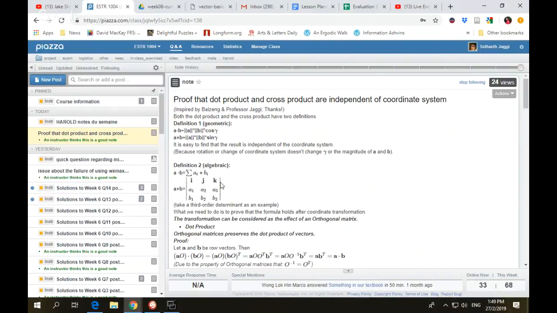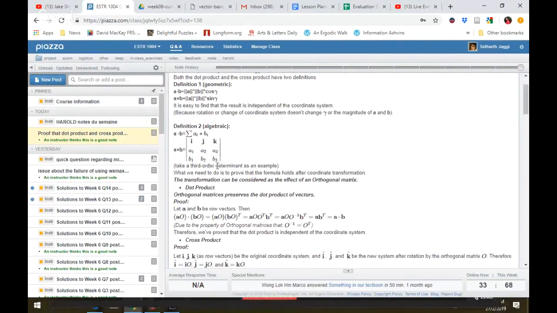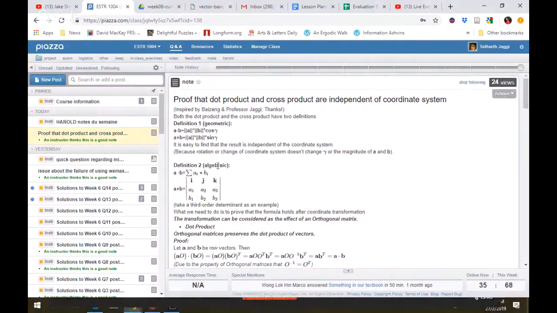It's also not clear that these things are independent of the coordinate system. This question proves the second part: that both dot products and cross products are independent of the coordinate system. After proving that, you can prove that both these definitions are in fact equal.